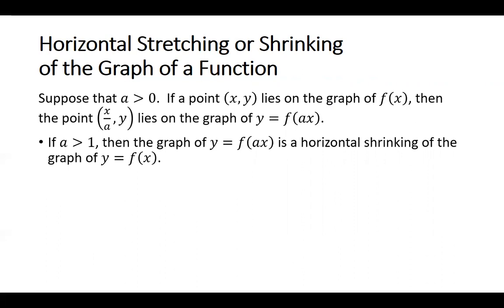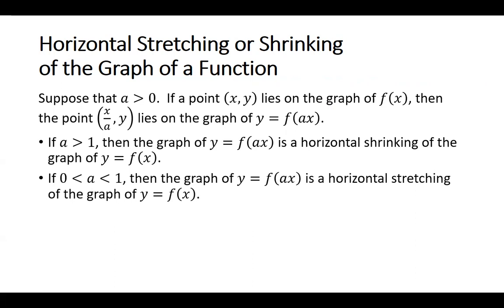If you think about what's happening, if you multiply your input by some value greater than 1, then really what you're doing is you're telling the function you're further along the x-axis than you really are. x is 2, but if a is 3, now you're saying x is 2, but give me the function value, or if x was 6, 2 times 3. So it's actually getting to things faster, so that's why it's a horizontal shrinking.